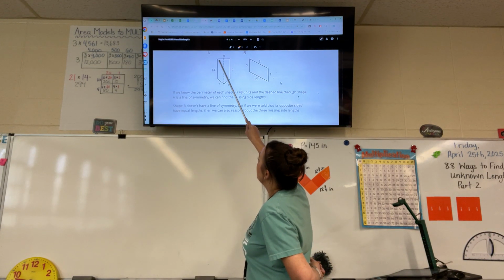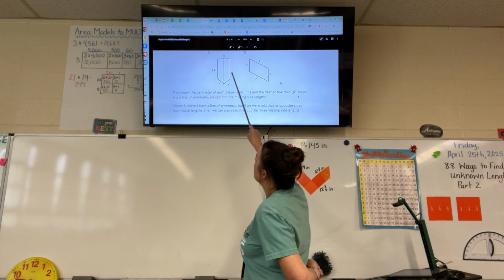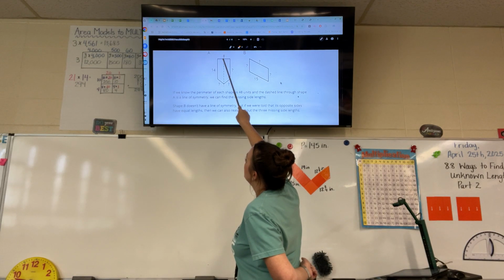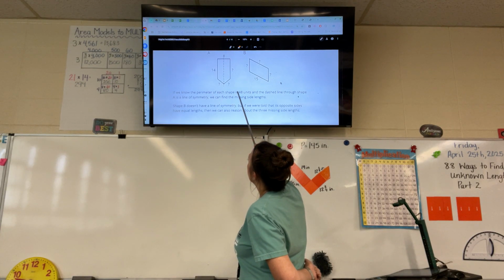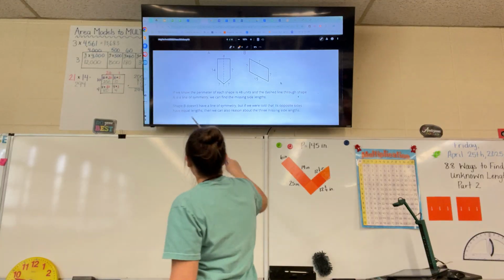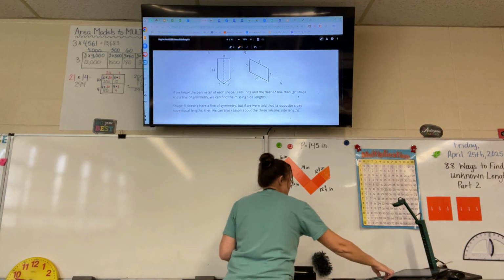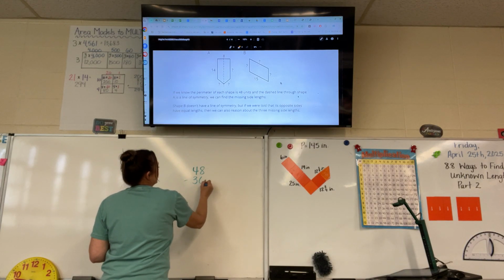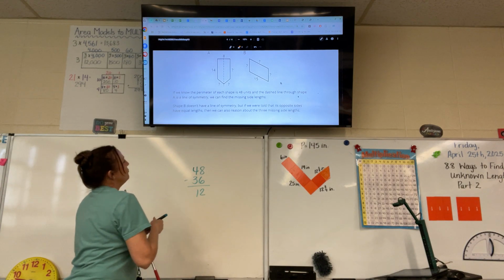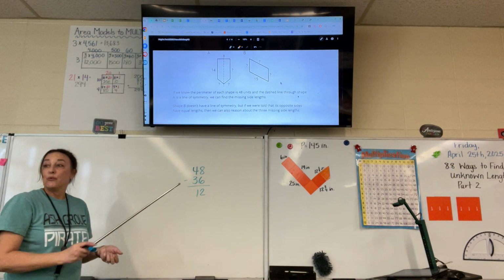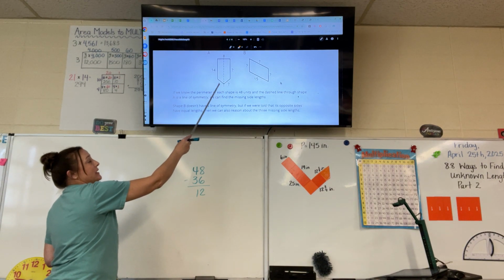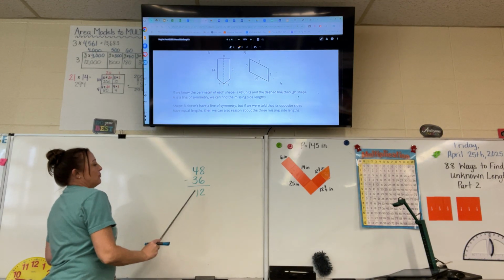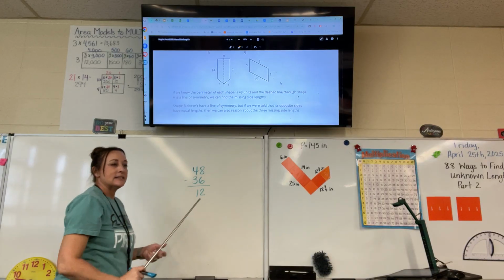And if we know that this side plus this side is 28 plus 8 more, 36, and the whole shape has a perimeter of 48, 48 minus 36 gives us 12. So it would be 6 on each, because this side and this side are equal, and we divide 12 by 2 and get 6 and 6.